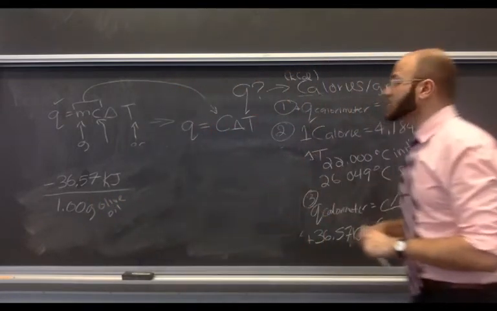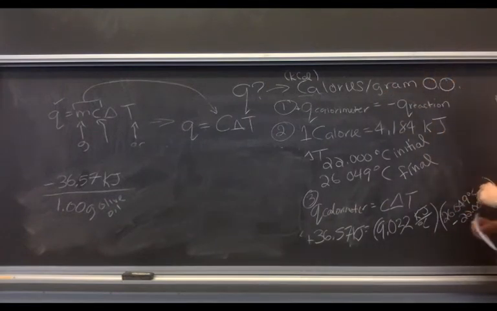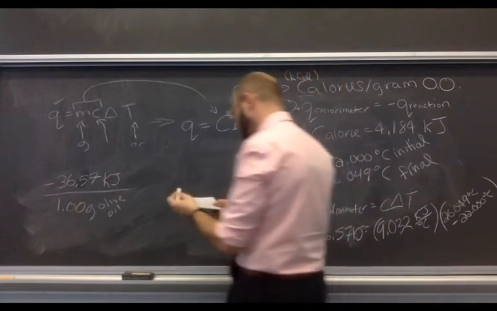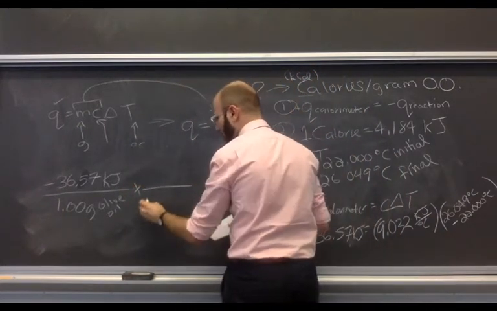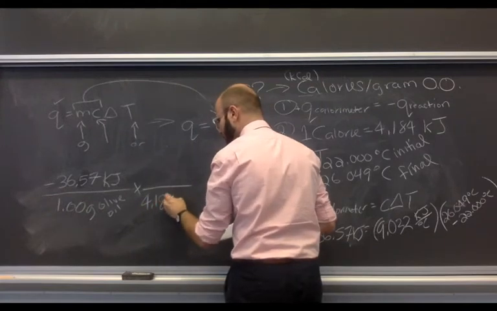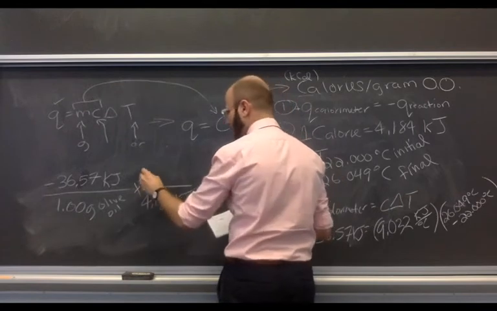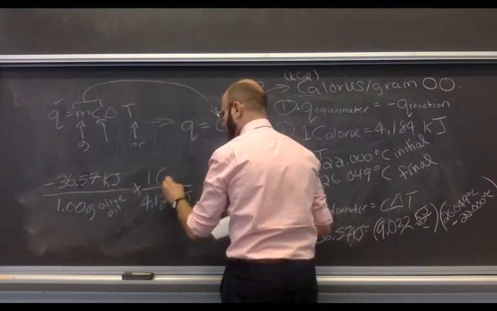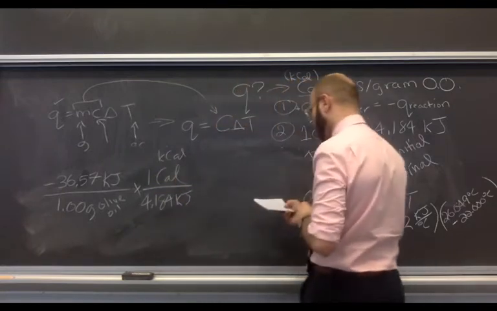So now we can see we're slightly closer to the grams of olive oil that we were going to. Last but not least, let's do our conversion. So in this case, we'll just take it from what we had. Don't have to worry about kilo here because we're also going to kilo. We can think about it as either 1 calorie or 1 kilocalorie. Notice the capital C here.